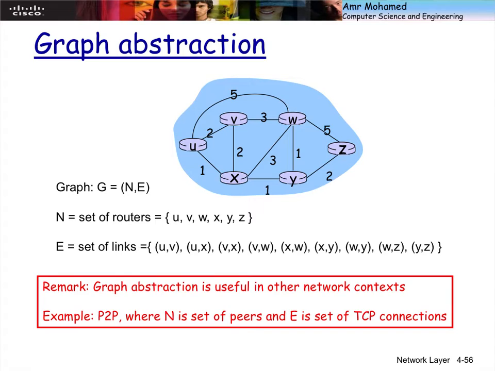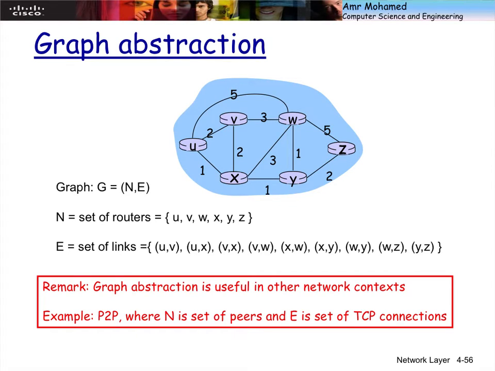Graph theory or graph abstraction is used in many disciplines. So you can, for example, use graph abstraction for a peer-to-peer network. For a peer-to-peer network, by peer-to-peer here we mean that any node can establish a TCP connection to any other node. By establishing this logical connection at the application layer, okay, we can have some peer-to-peer session between any nodes.